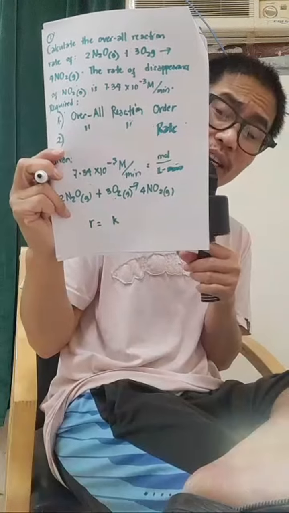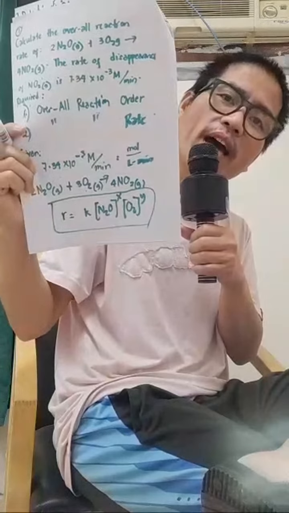So we have R equals K, open and close parenthesis, the concentration of N2O raised to the power X, which is our reaction order with respect to N2O, times oxygen gas raised to the power Y. This is our standard overall reaction order, supposedly. R is equal to the rate constant times N2O raised to the power X times oxygen gas raised to the power Y. Oh no, it's not power 3, it's raised to the power Y, because the reaction order is not the same as the number of moles.